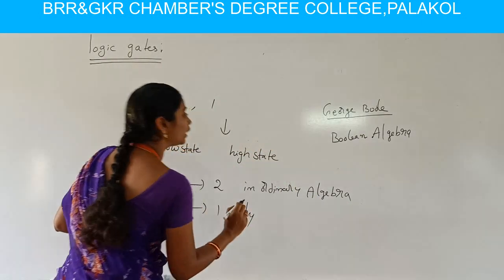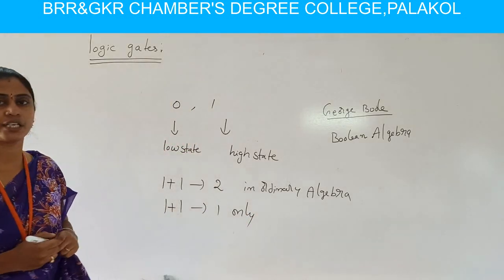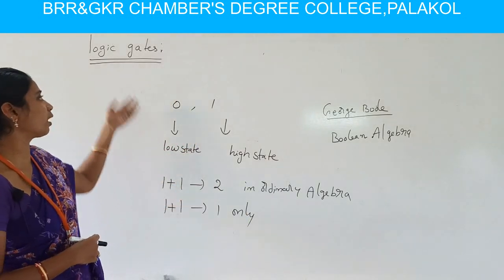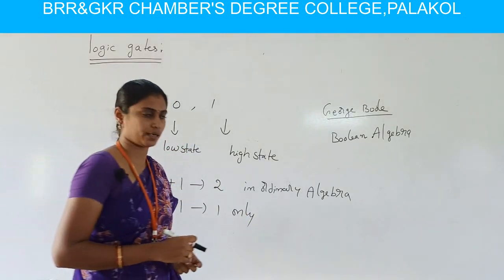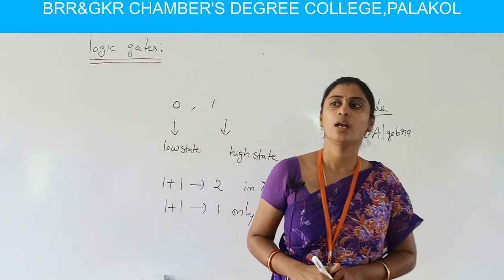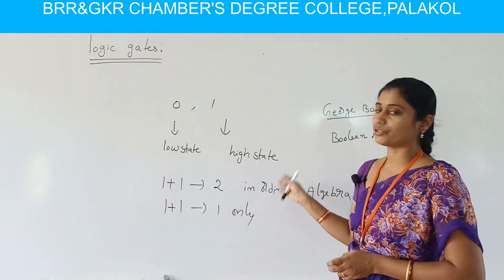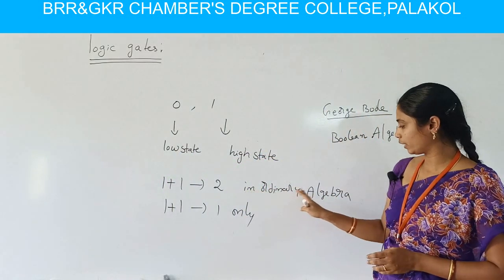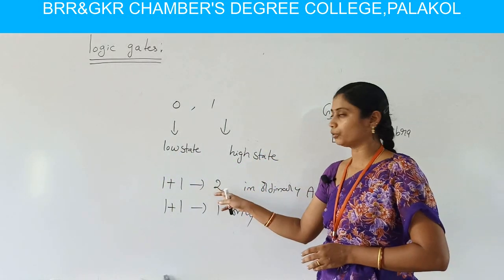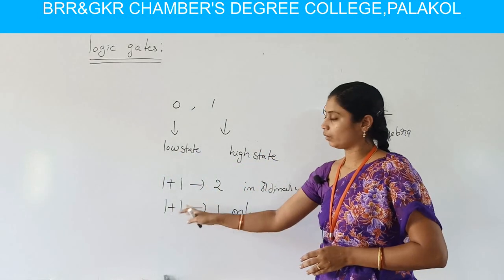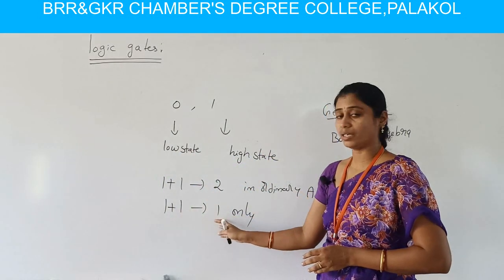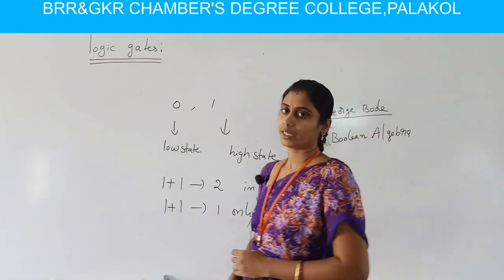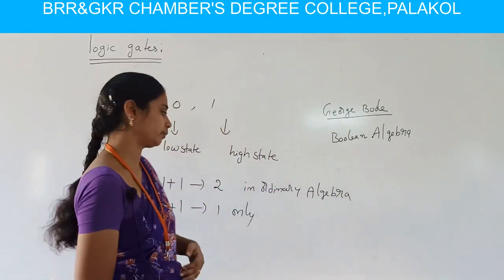This is possible only in Boolean algebra, which was invented by George Boole. Hence, we use Boolean algebra for explaining logic gates. This is the basic difference between ordinary algebra and Boolean algebra.